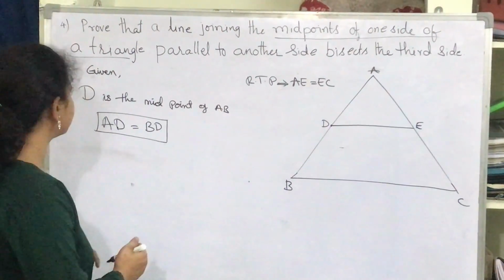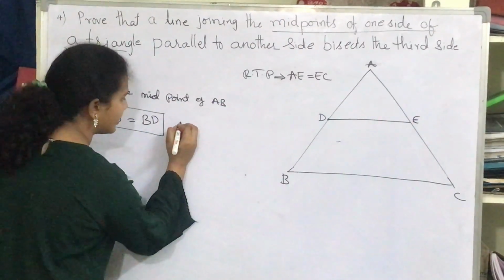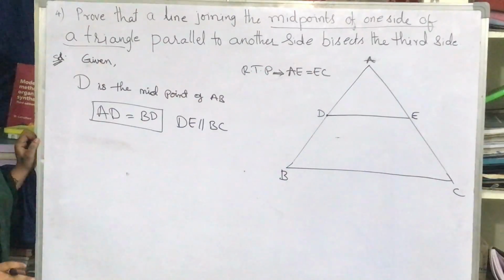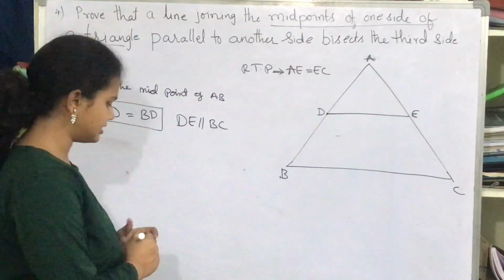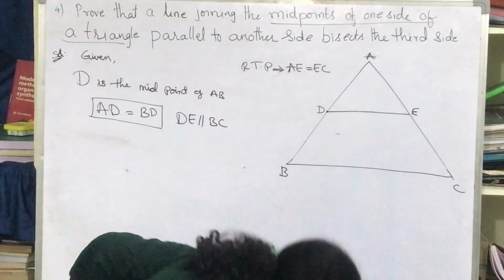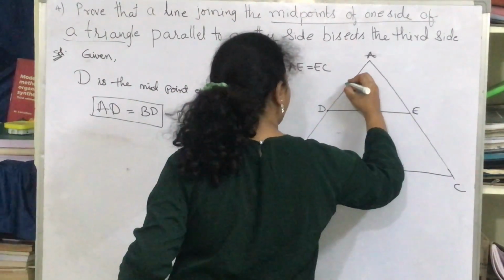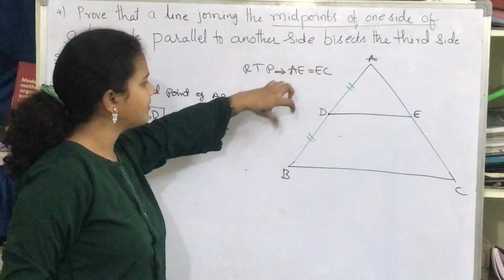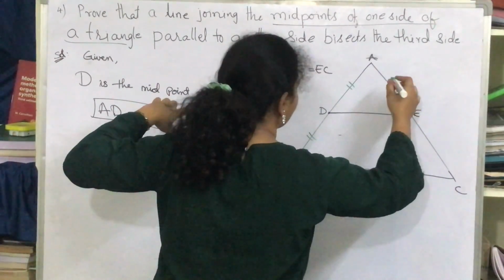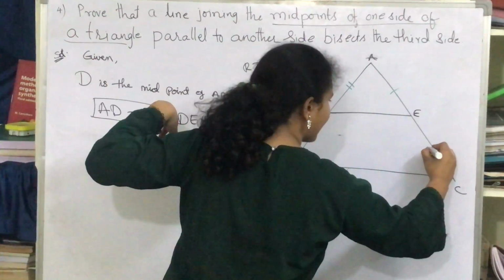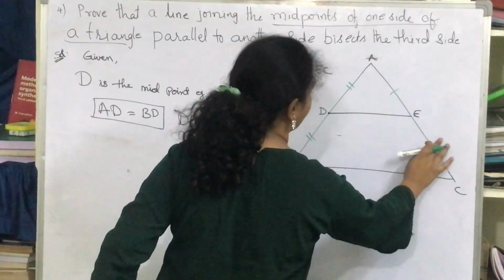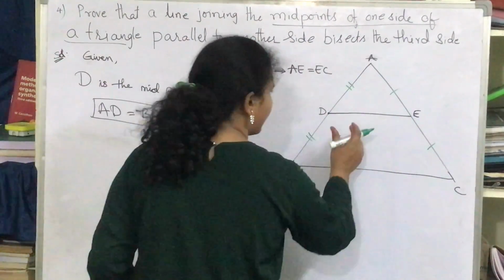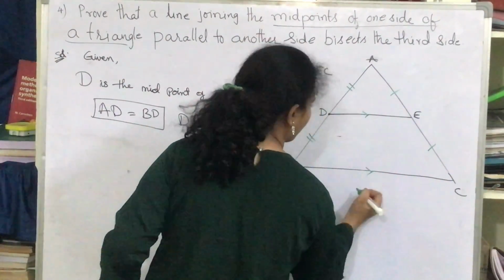By using the basic proportionality theorem, first let me write down DE is parallel to BC, right? Where AE equals EC, and DE is parallel to BC.